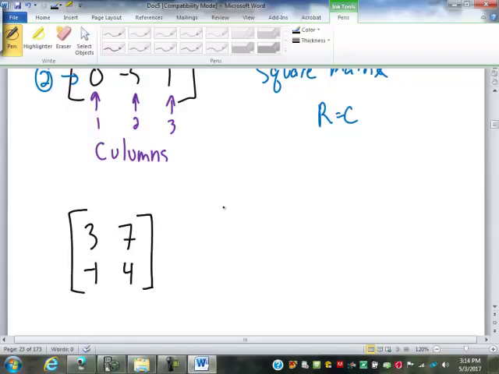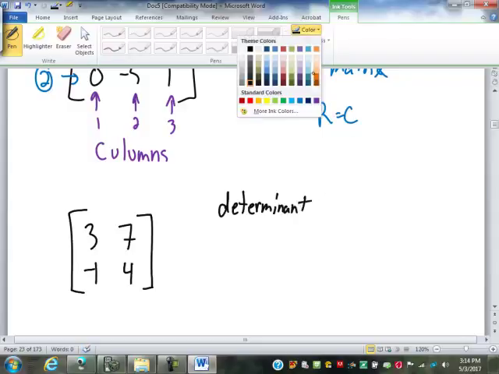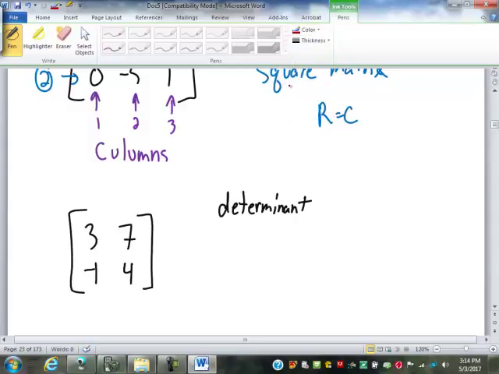In a square matrix, we can do something called a determinant. A determinant is a way of summarizing all the numbers in a matrix and their positions with a single number. So a determinant is found using diagonal products.